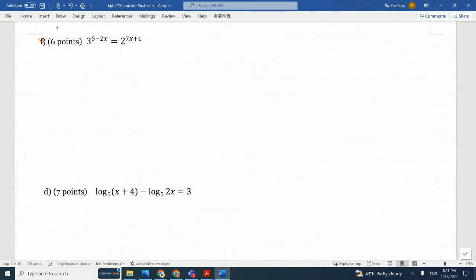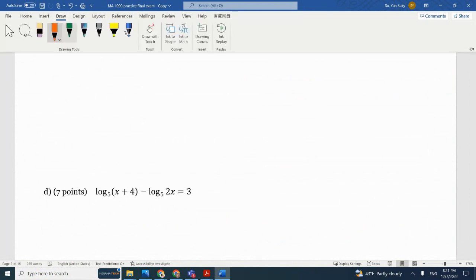Okay, so this is part C, not F. This is an equation involving exponential expressions, right? So what we do is notice that the bases are different. On your left hand side, the base is 3. On the right hand side, the base is 2.